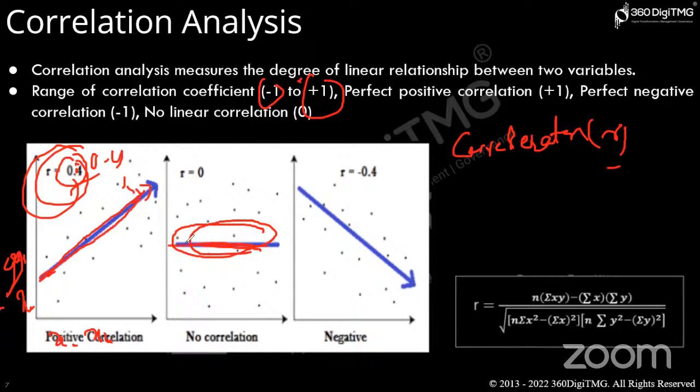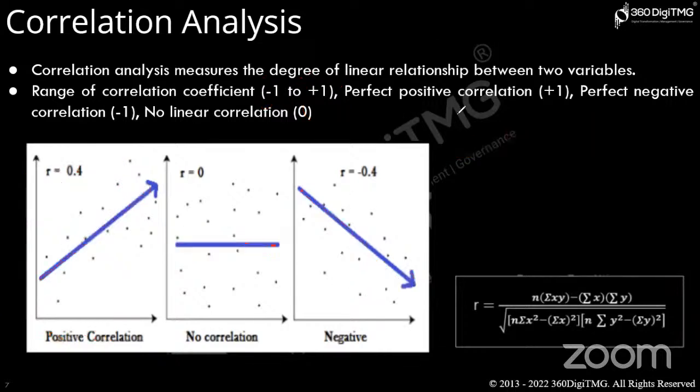Here we don't have any correlation. Here we have a correlation in a negative way. Whenever you have a positive correlation of 1, that is a perfect positive correlation, and when you have -1, it is a perfect negative correlation, because that is the maximum we'll have. -1 to +1 is the range for the correlation coefficient.